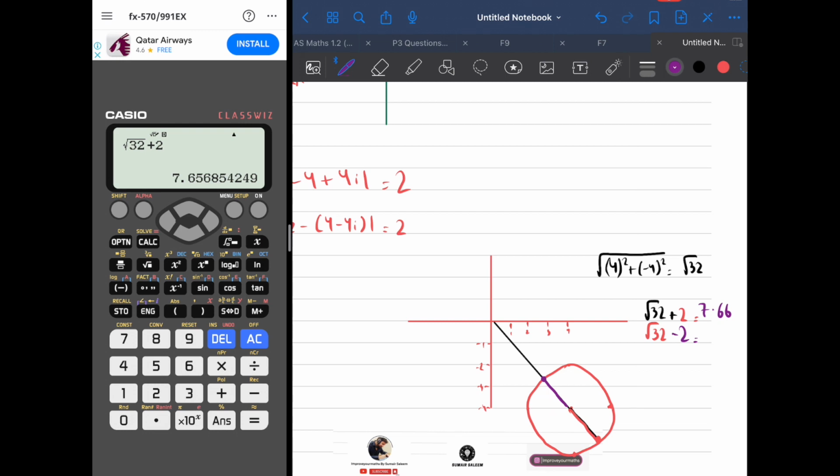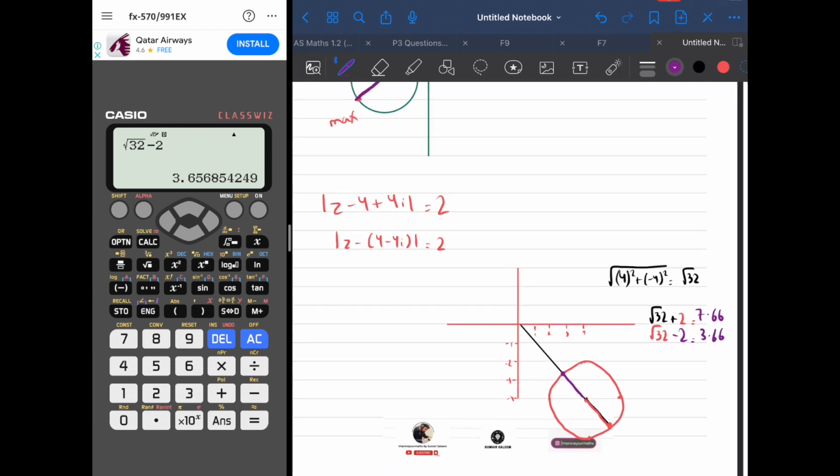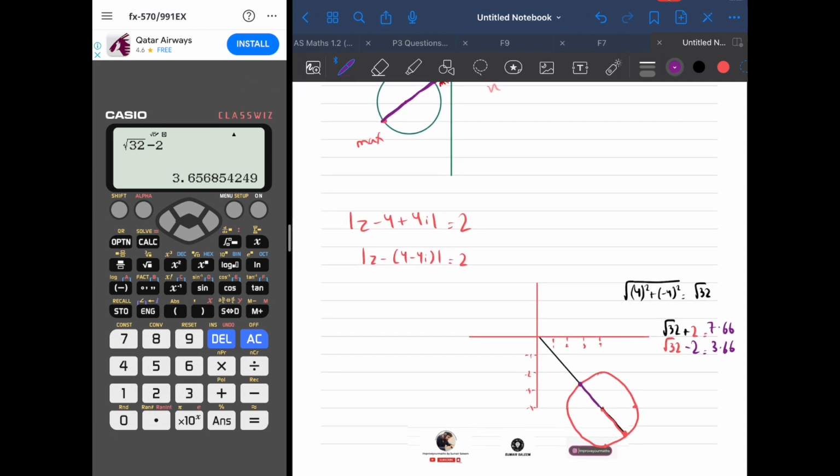And the minimum will be square root of 32 minus 2. That's going to be 3.66. Do you get this? That's how you find out maximum and minimum modulus.